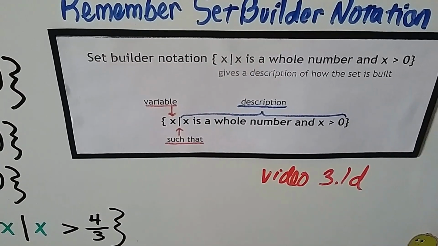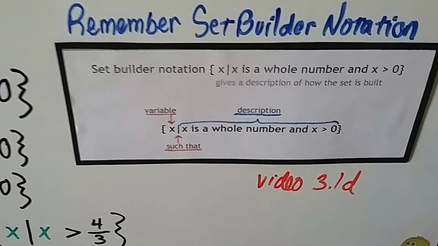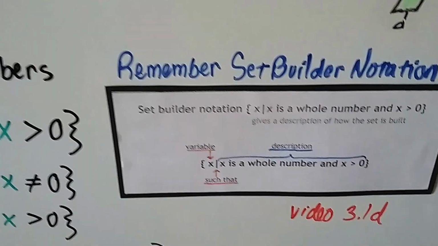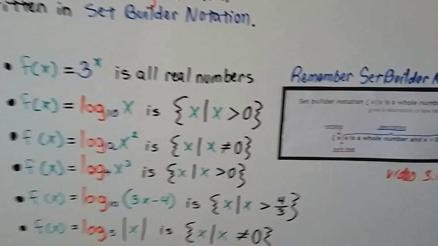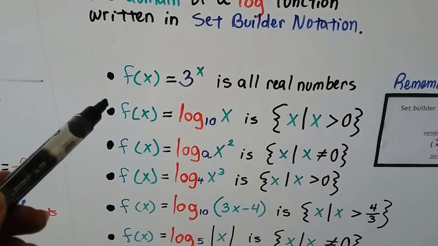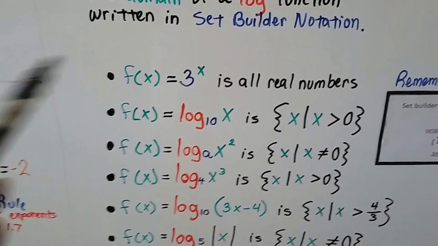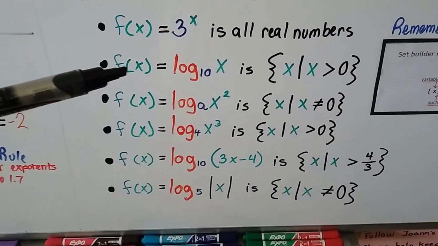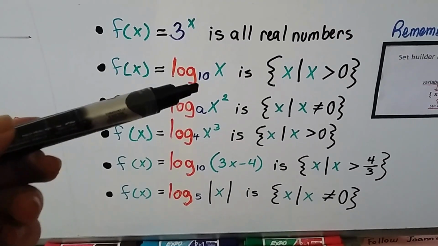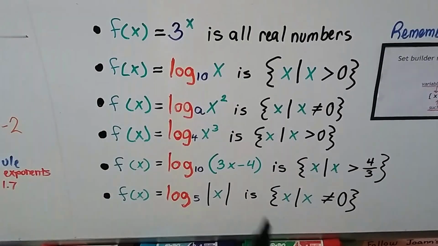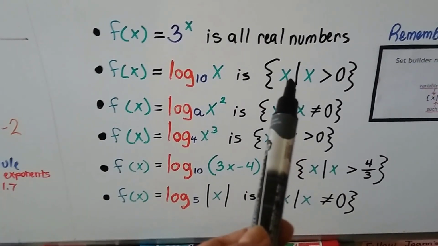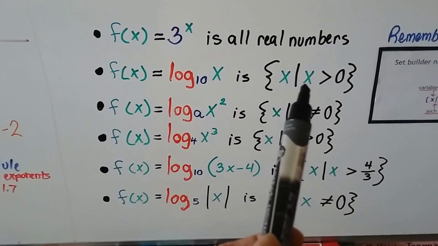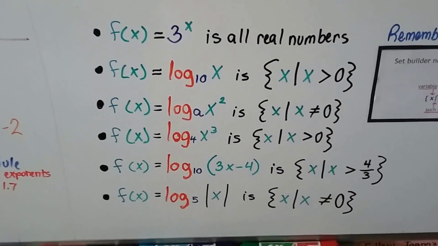And then it gives the description of how the set is built, okay, whatever rule it is. So the function of 3 to the x power would be all real numbers. And the function of log base 10 of x would be the set of all x such that x is greater than 0.